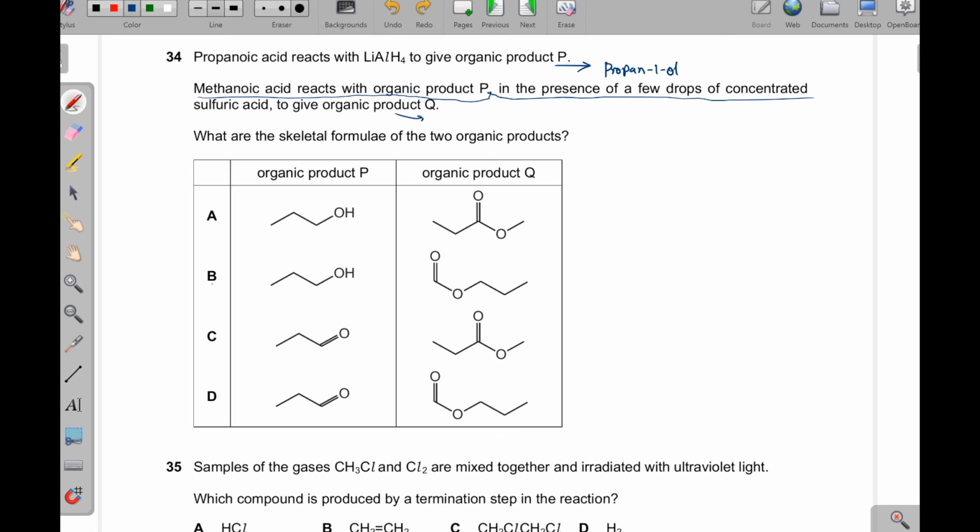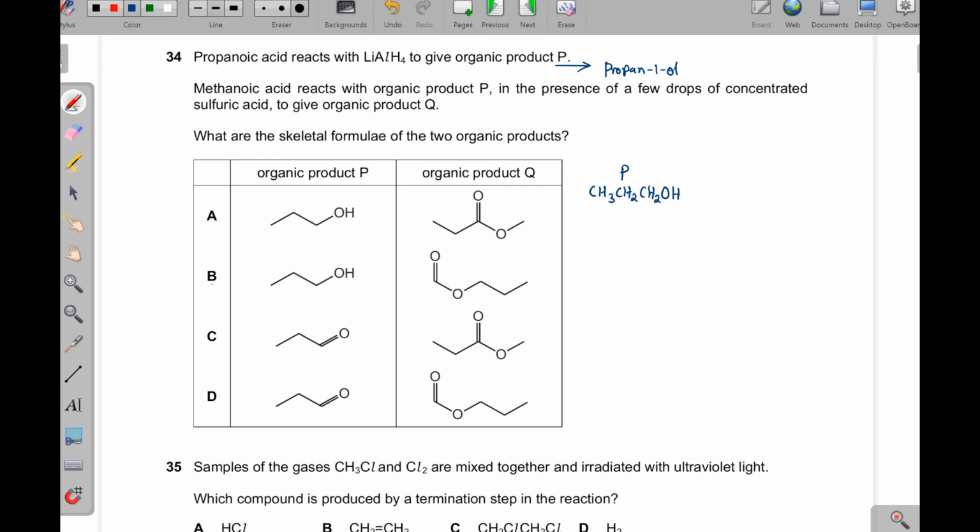Now, this is an ester, because we are seeing a carboxylic acid reacting with an alcohol. So what we are going to have is CH3CH2CH2OH.